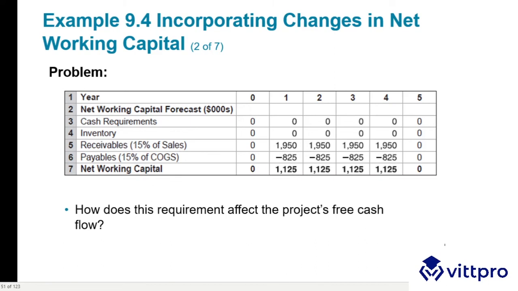In year 2, the amount does not change. So in year 2, there is no extra expense or extra income. In year 3 also, year 4 also, nothing changes. But in year 5, you will be able to recover this 1.125 because you will get the payment, right, in year 5. So you will be adding that as an income in year 5.